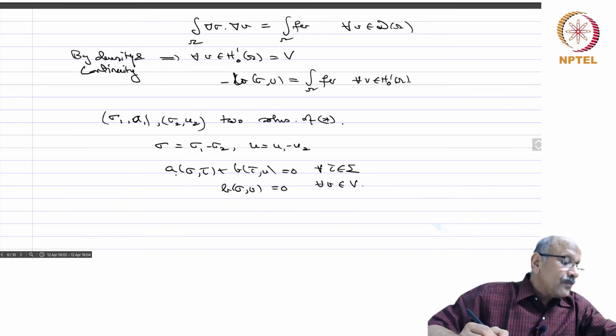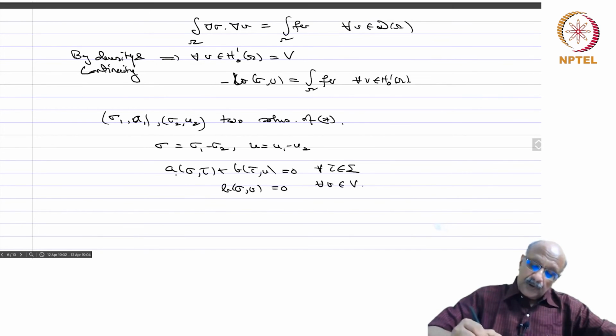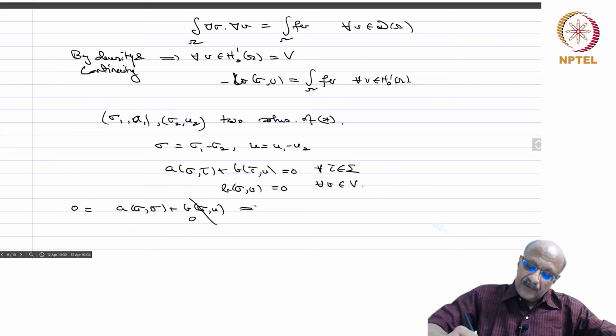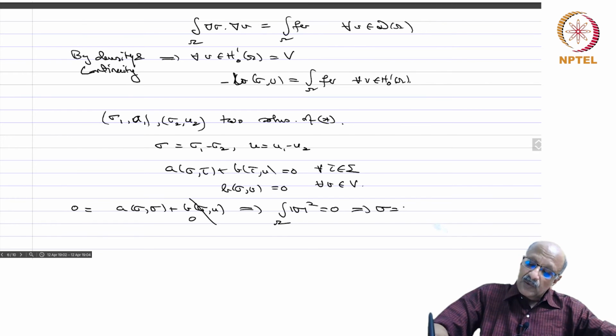So if you put tau equal to sigma in the first equation, you get a(sigma, sigma) plus b(sigma, u) that is 0, but then this is already 0 by the second equation, and this implies that integral of mod sigma square equal to 0 on omega. That implies that sigma equal to 0, that is sigma 1 equals sigma 2.